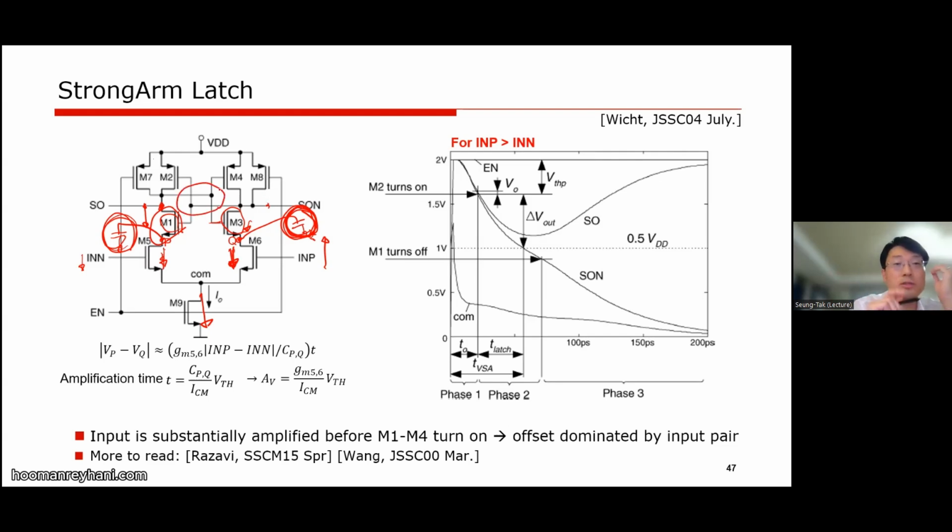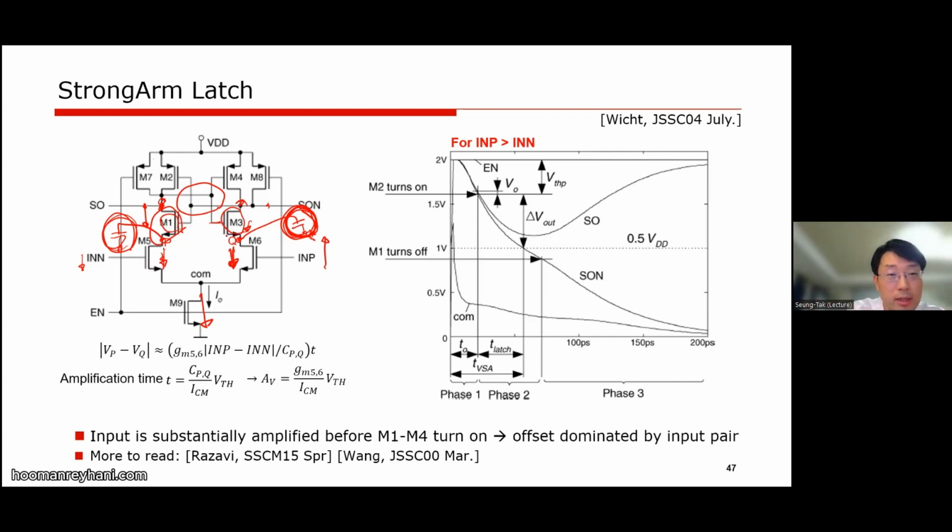For example, at this node we have a cross-coupled connection, but when we lay out this connection, we cannot avoid parasitic mismatch. So here and here, we are very likely to have different parasitics. The metal layer will be different, the pattern will be different. So those will work as an offset. That's what I wanted to mention about this one.